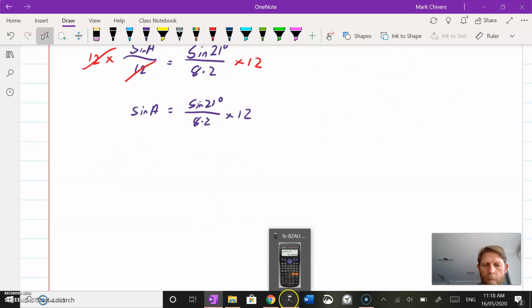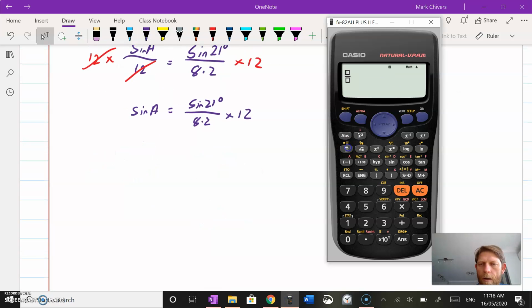And now at this point I can pull out my calculator and work that out. So I'm going to have sine 21 degrees over 8.2 multiplied by 12. And that's going to give me 0.524.